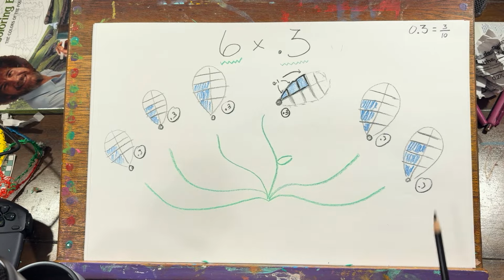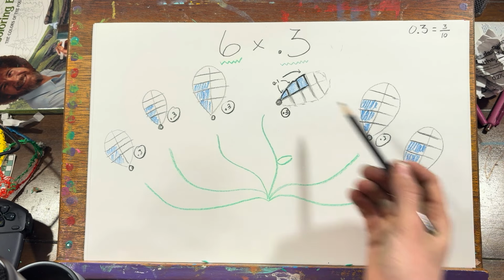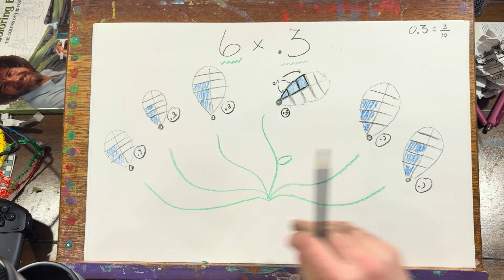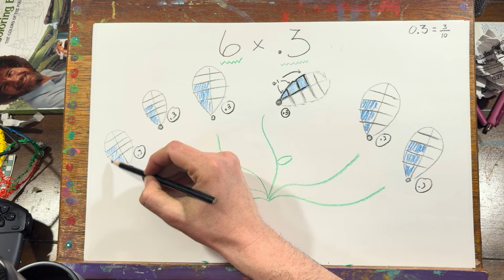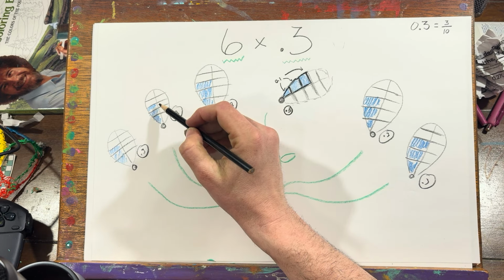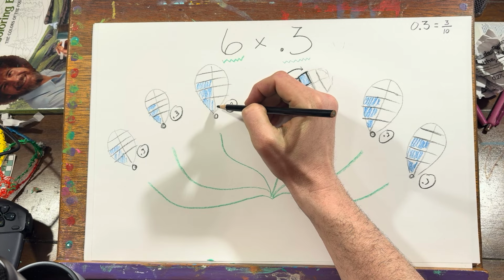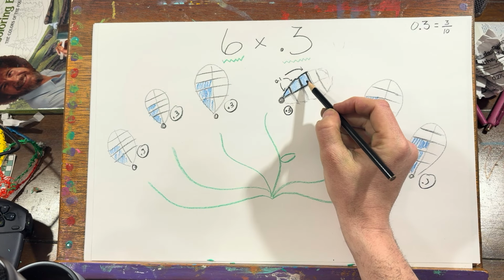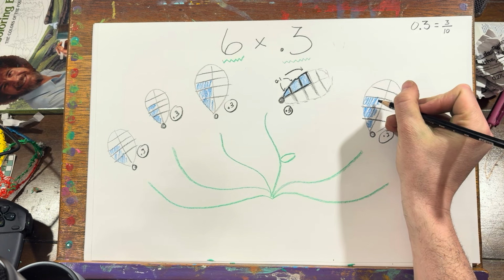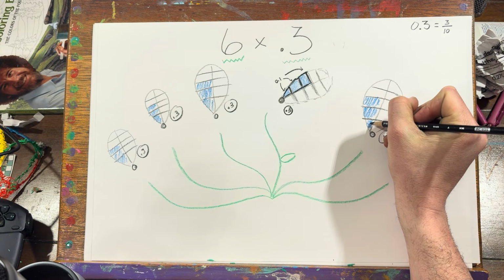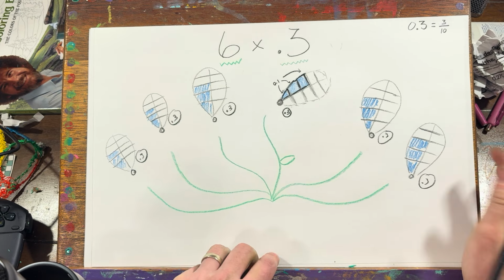When you total this up, how many do you have here? If I wanted to think of this all together as one number, let's count how many tenths we have. 3/10, 6/10, 9/10, 10, 11, 12/10, 13, 14, 15/10, 16, 17, 18/10.